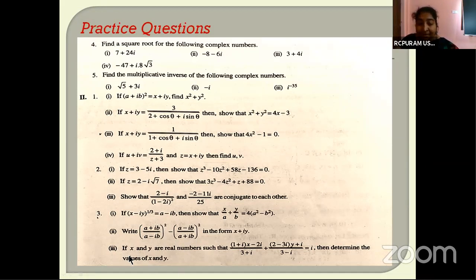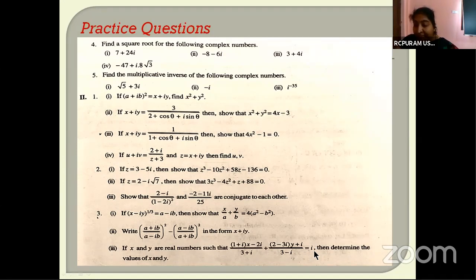Right? The last problem, you can take the LCM directly because you can see the denominators of both the terms are conjugate to each other, isn't it? So 3 plus i into 3 minus i, both are conjugates. So (3 plus i) into (3 minus i) will be your LCM. Then you can go for multiplication on the LHS part, then you can equate it to i.